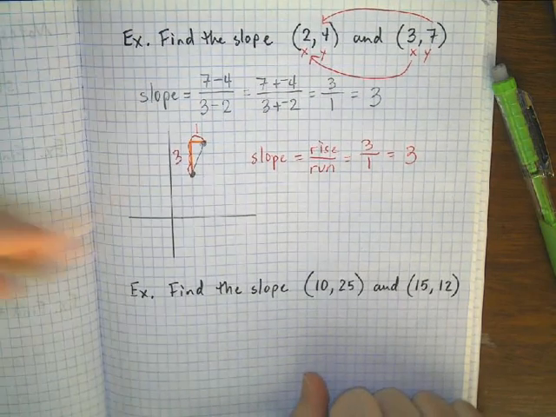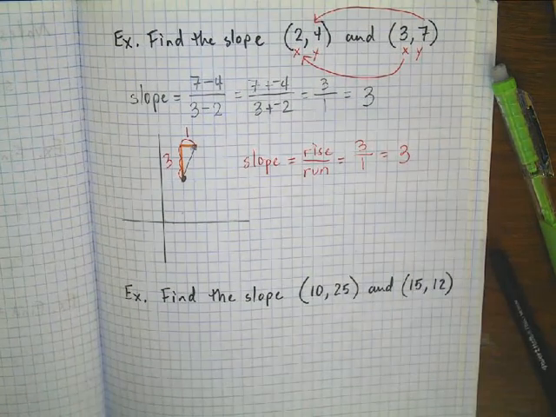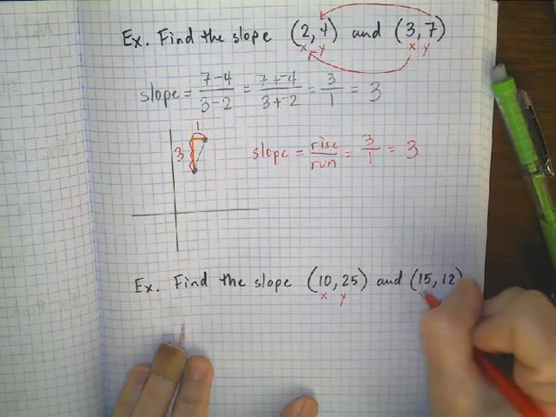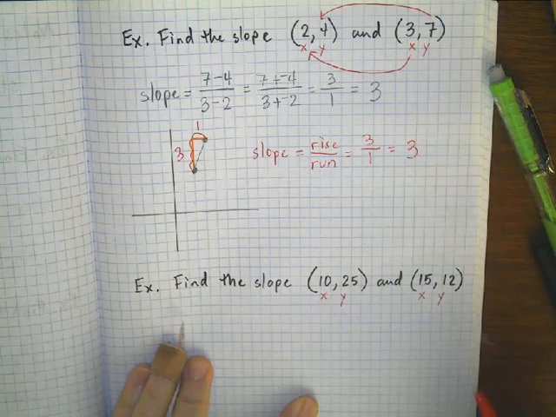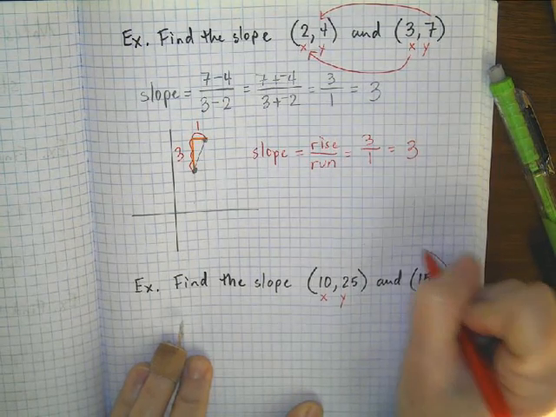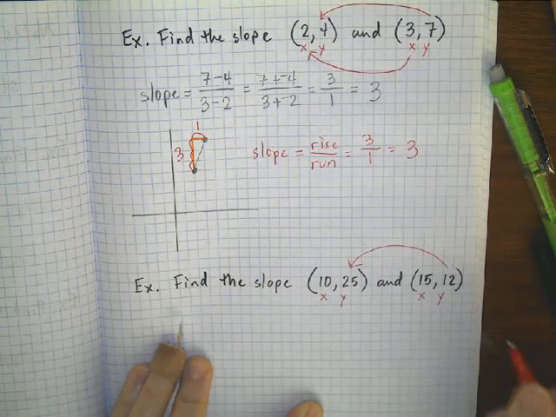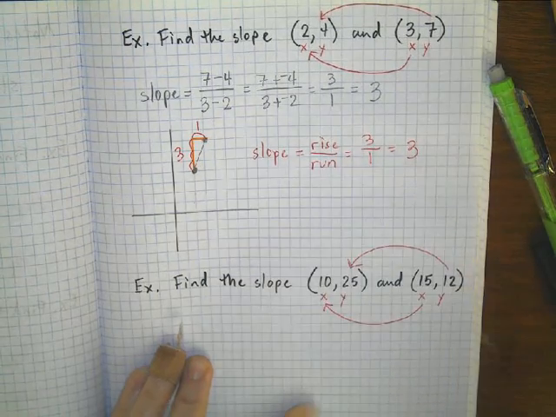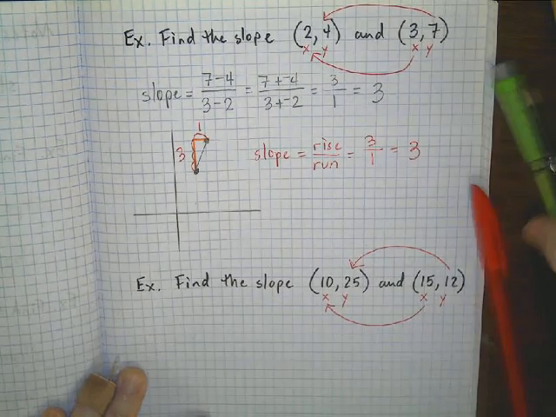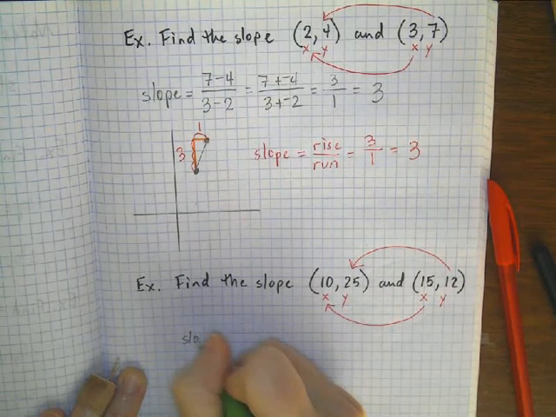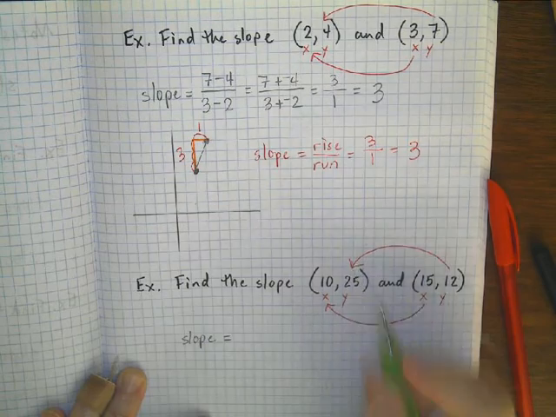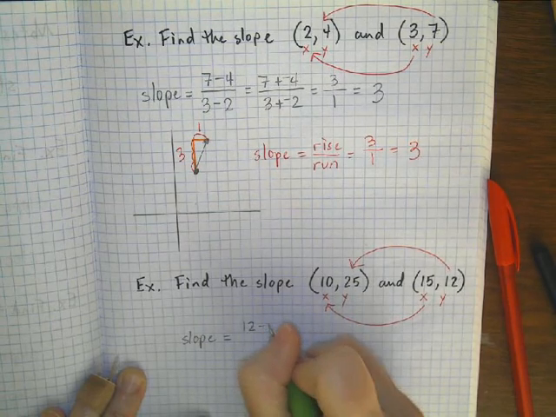Okay? It's easier if we use the formula. So remember, this is x, y, x, y. And we're going to do y minus y, and then x minus x. So my slope is going to be y minus y, 12 minus 25.